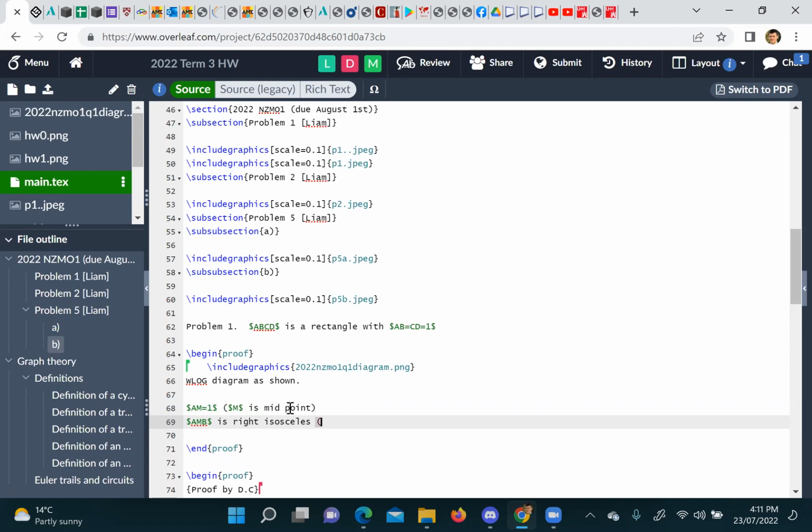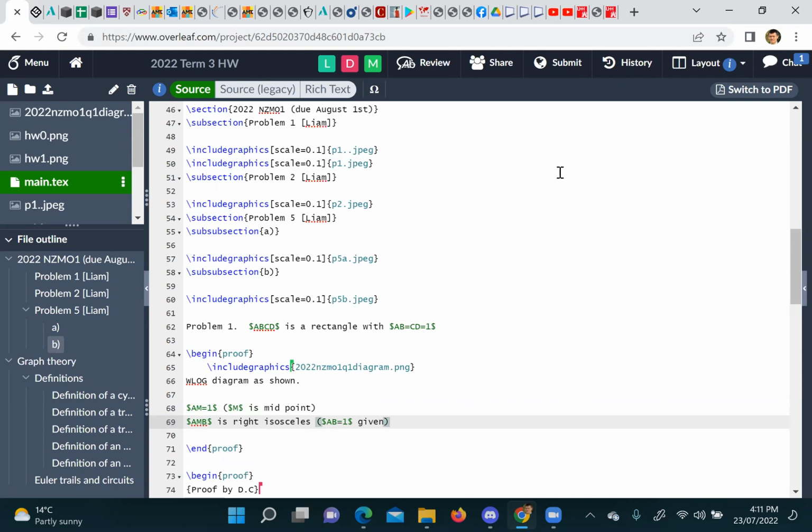Because AB equals 1 is given, right? So I'm just going to start it off and introduce some symbols, and you have to finish it off, yeah?